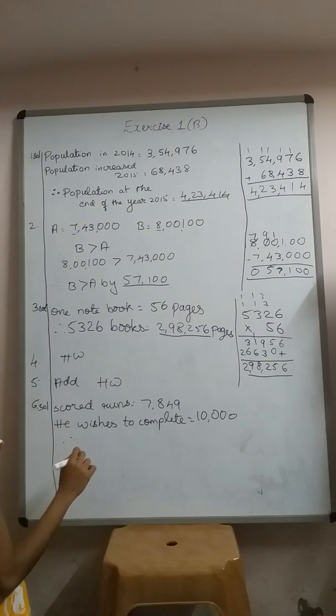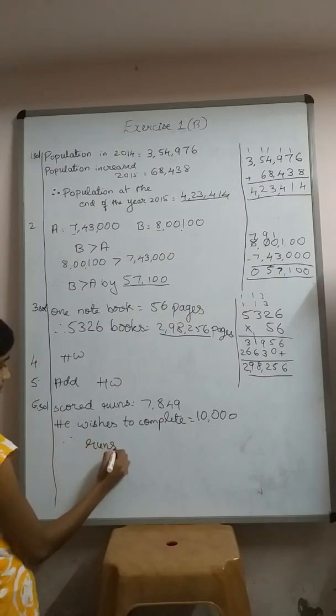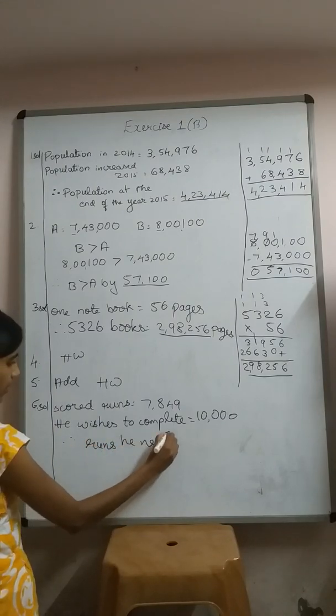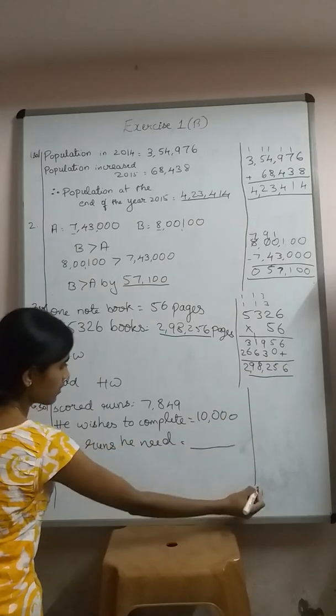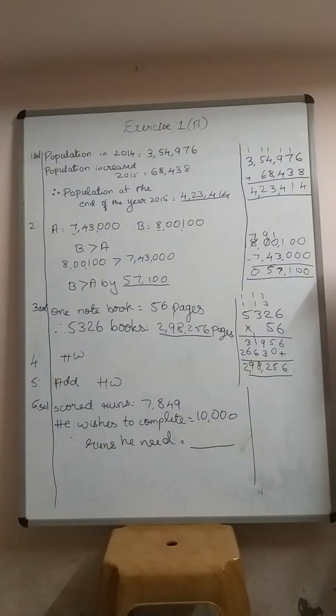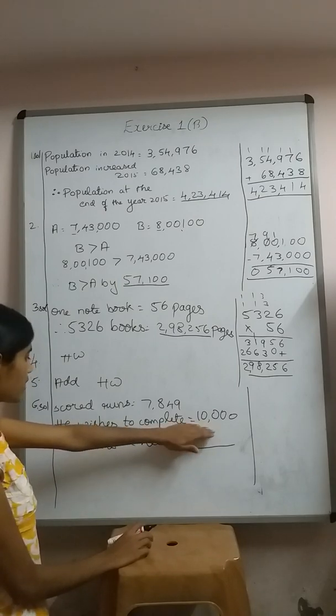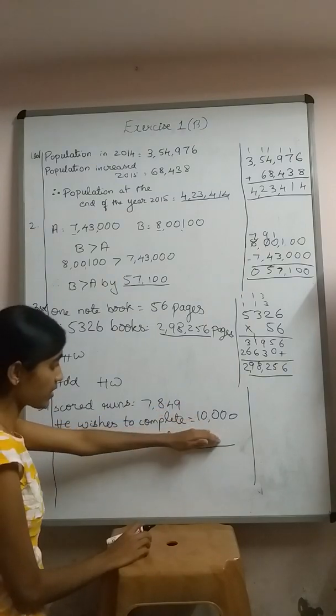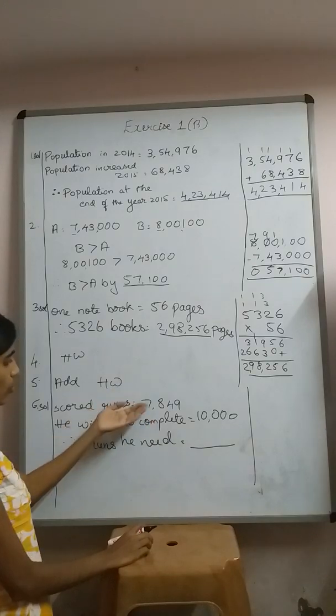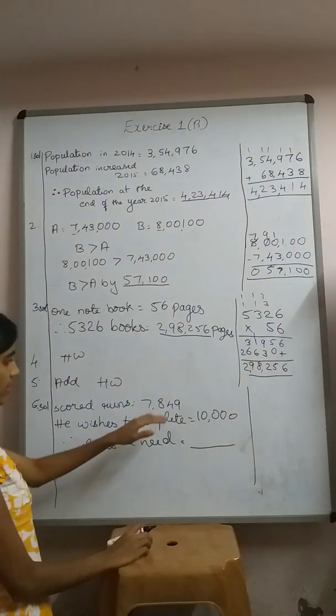Therefore, what you should find? Runs he needs, dash. So what we need to do in this sum, children? This is subtraction. We minus the scored runs from the completed runs he wishes: 10,000 and he scored 7,849.